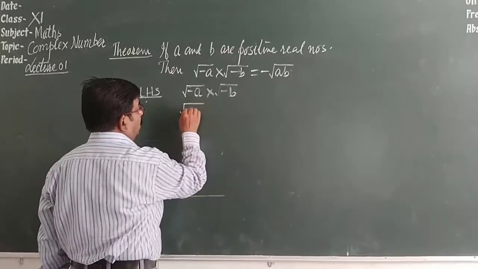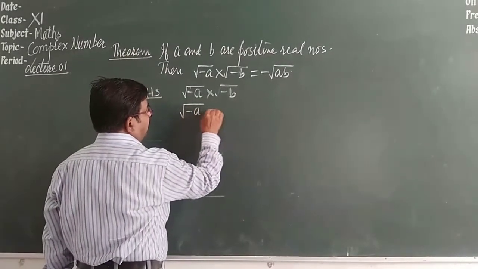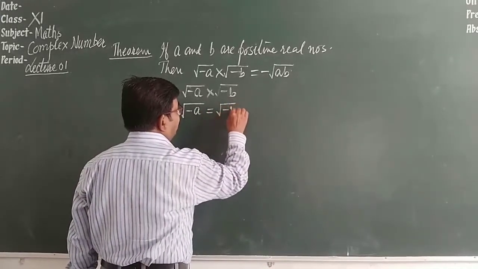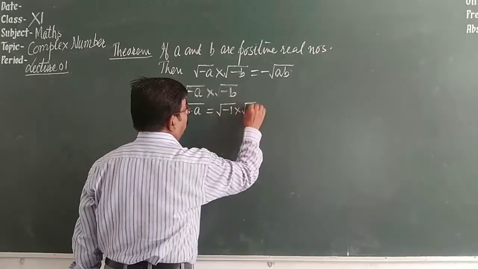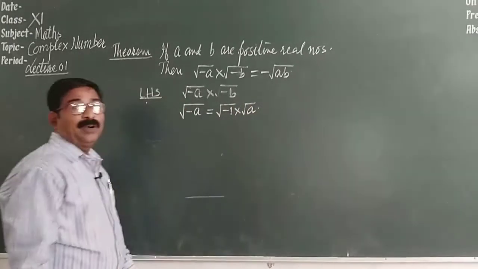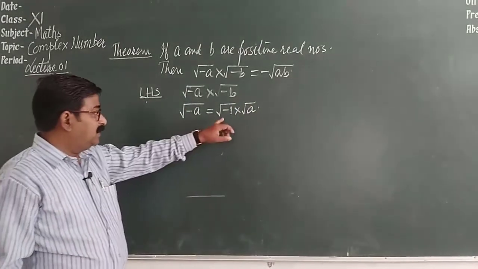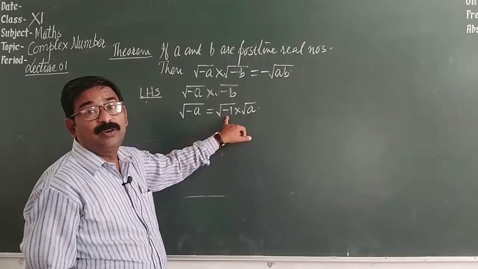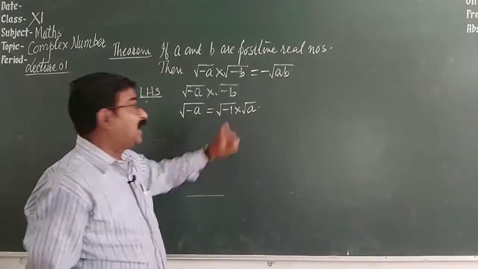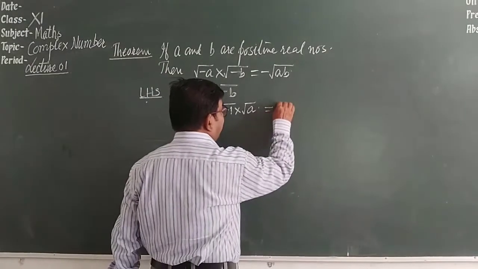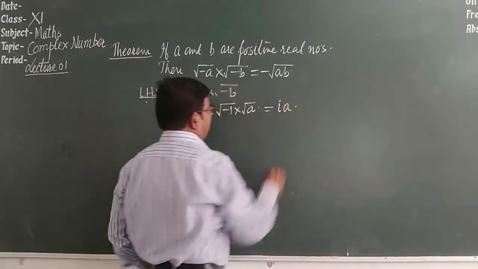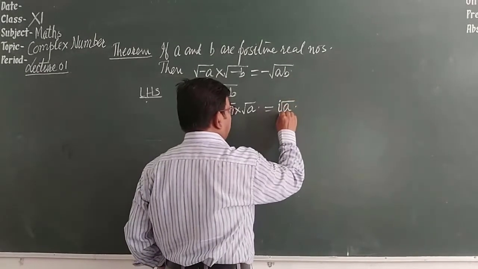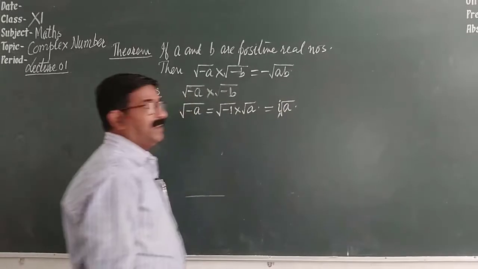Under root minus a can be written as under root minus 1 into under root a. Square root of minus 1 is i, so we can write i into under root a.